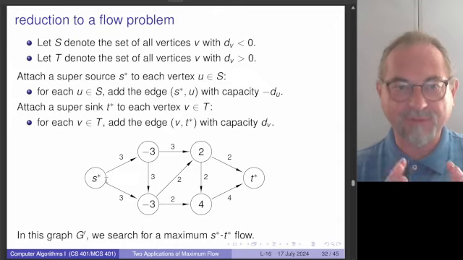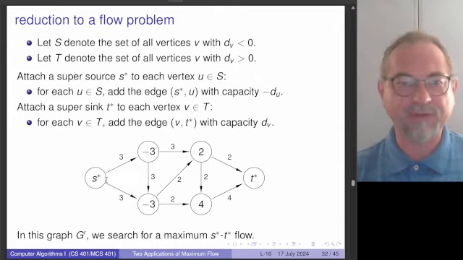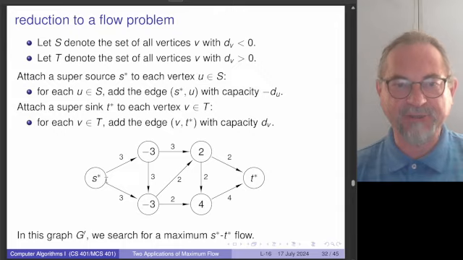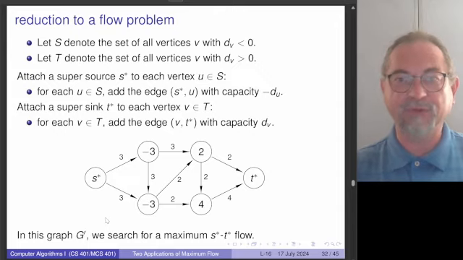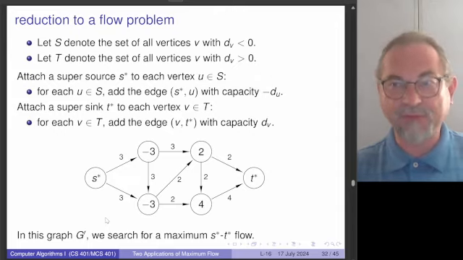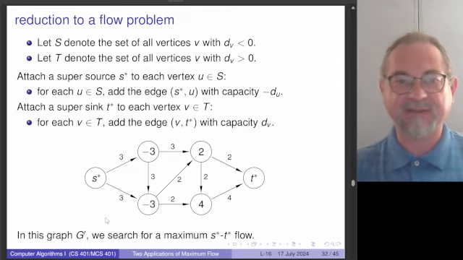We actually consider no intermediate nodes here. We will attach to the first set one super source, and the connections will be by edges where the capacity is the value of the supply. And for the other side, formulated positively, the demand that exists at that vertex.